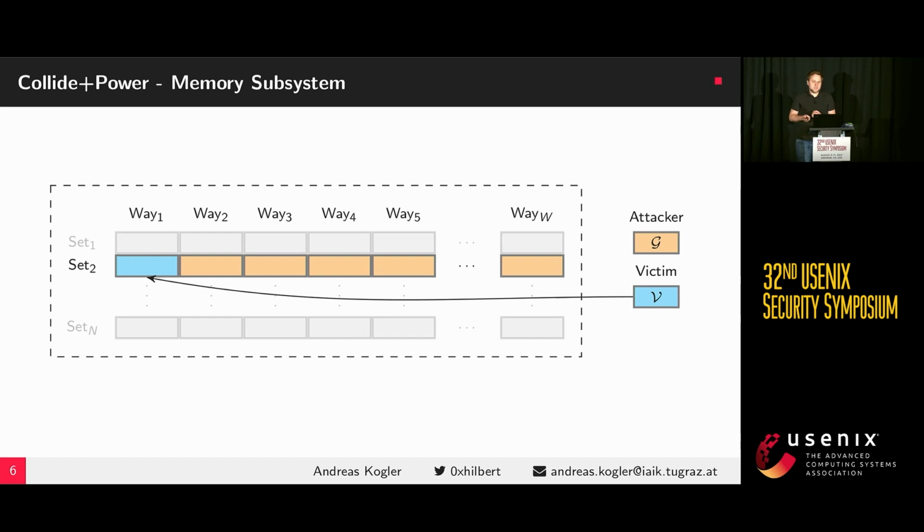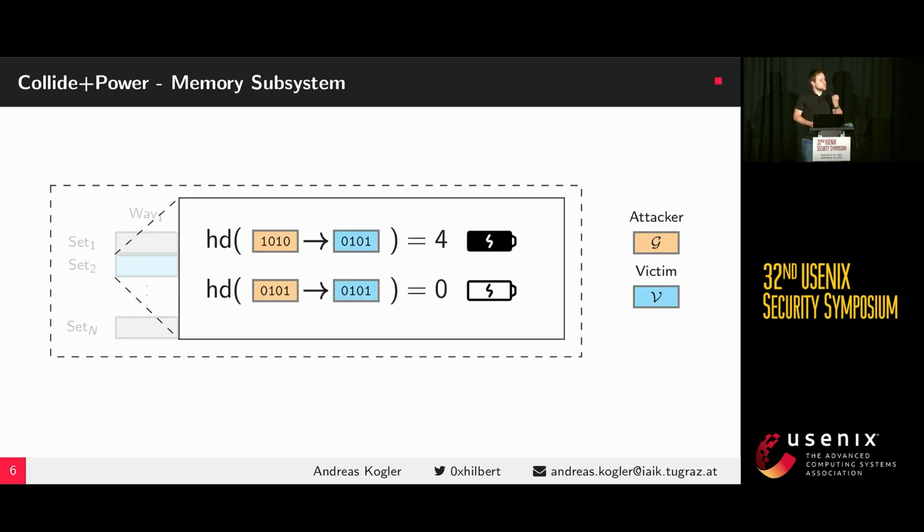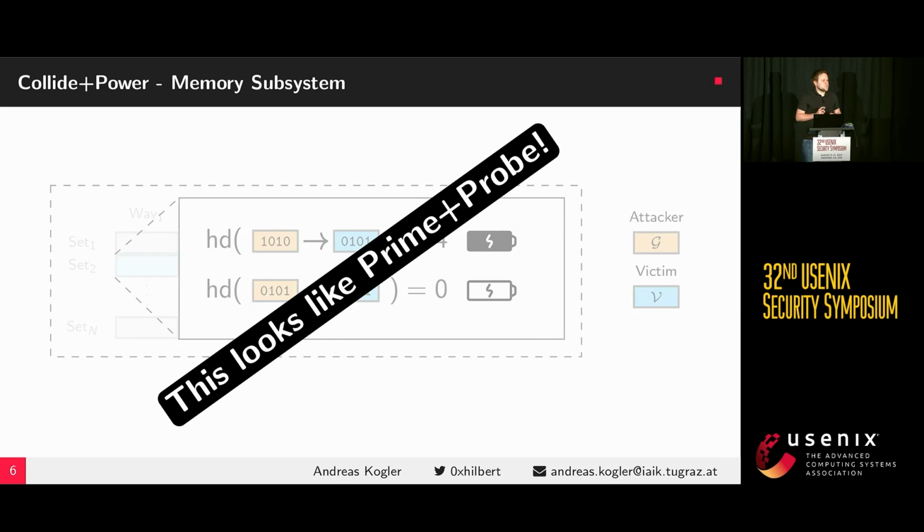And in order to override data in the cache, the data has to come from somewhere. So the data travels over the internal buses until it ends up in the CPU cache. And that's exactly where we can observe this Hamming distance leakage between the attacker-controlled guess and this victim value.